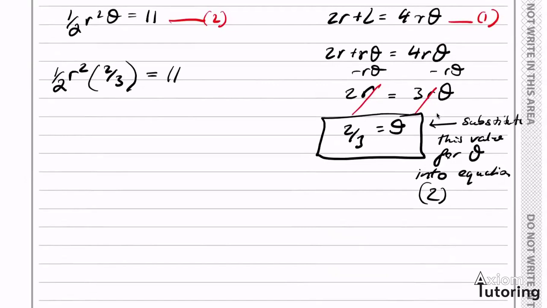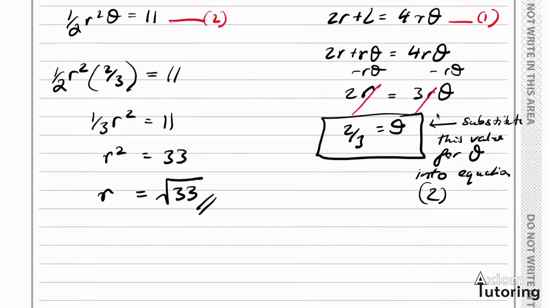So half times 2/3, that's going to be 1/3 R squared equals 11. Let's multiply both sides by 3 to get rid of our fraction of 1/3 on the left. So we get R squared equals 33. And so R will equal the square root of 33. And so now we found the exact value of R.